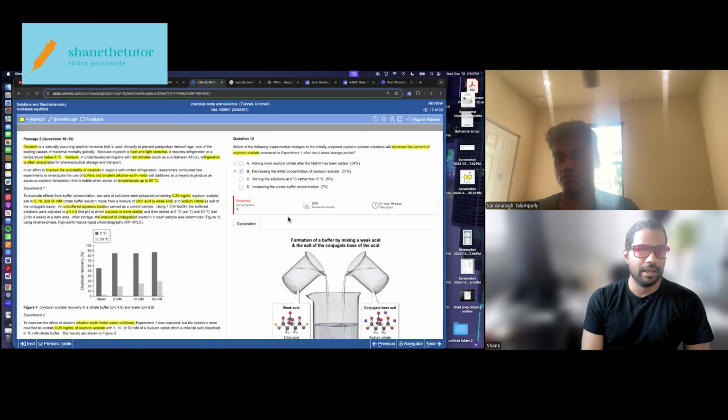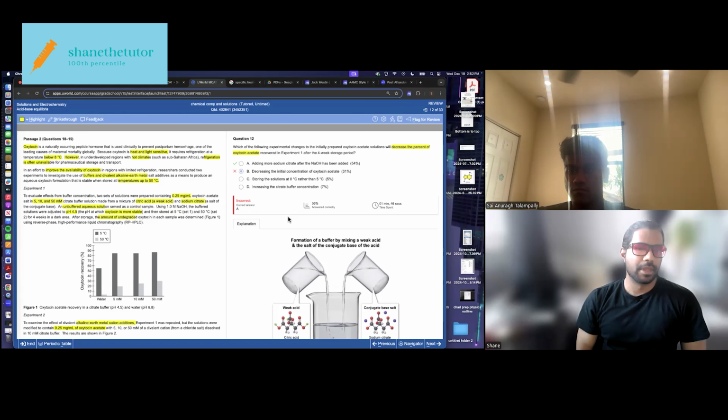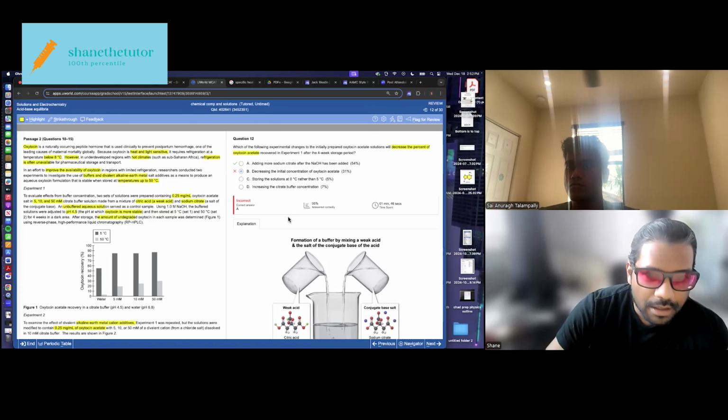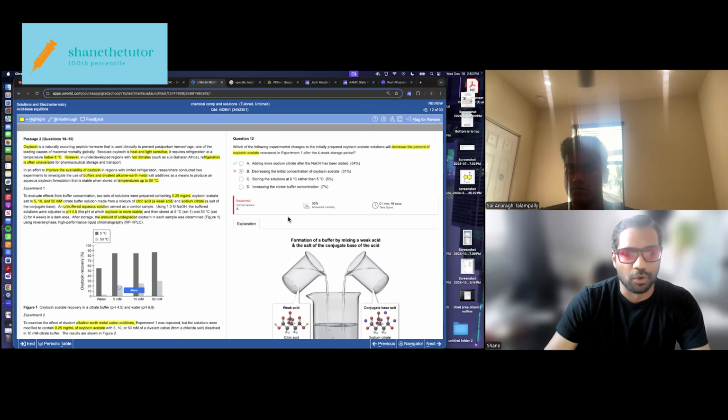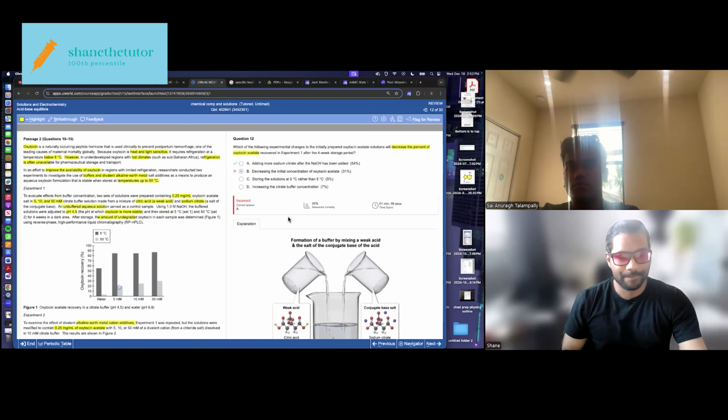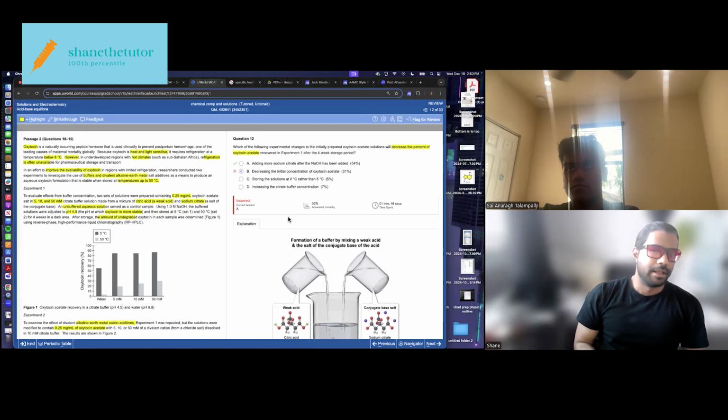So what would make this go down even more? Without looking at the choices, my thoughts are either lowering the amount of the buffer or lowering the temperature. Oh, no, no, decrease the amount recovered.